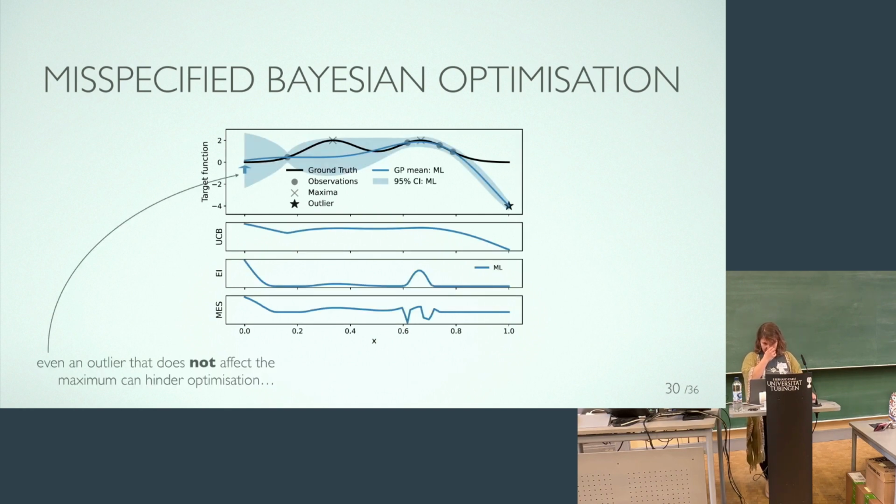Maximum likelihood overinflates the size of confidence intervals, as we saw multiple times by now.